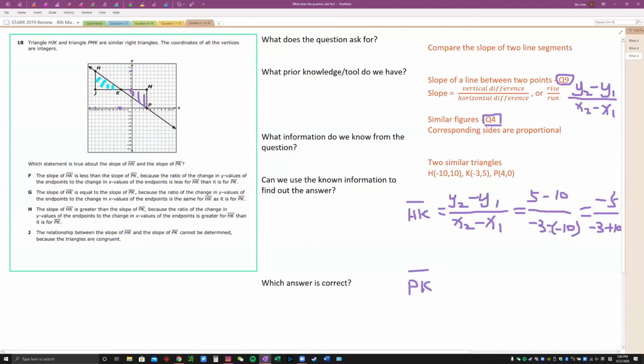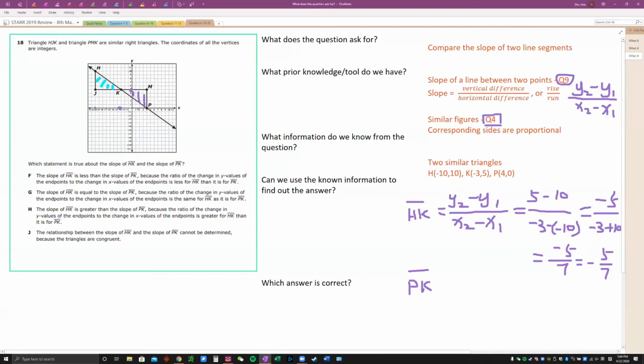So -3 minus -10 is -3 plus 10. So on the top is -5, and on the bottom, -3 plus 10 is +7. So the slope of line HK is -5 over 7.